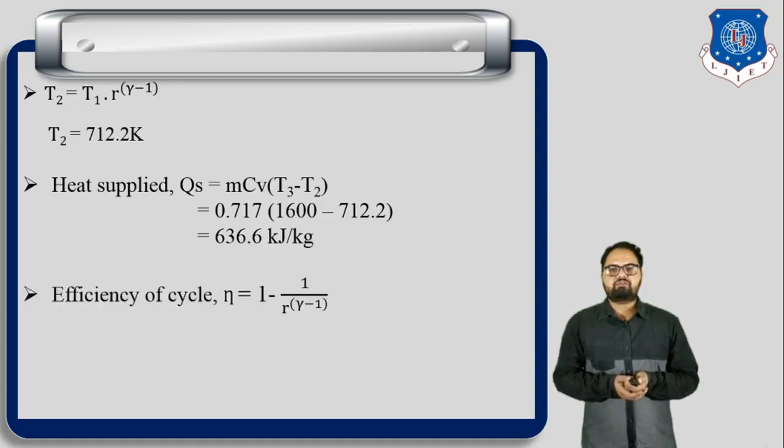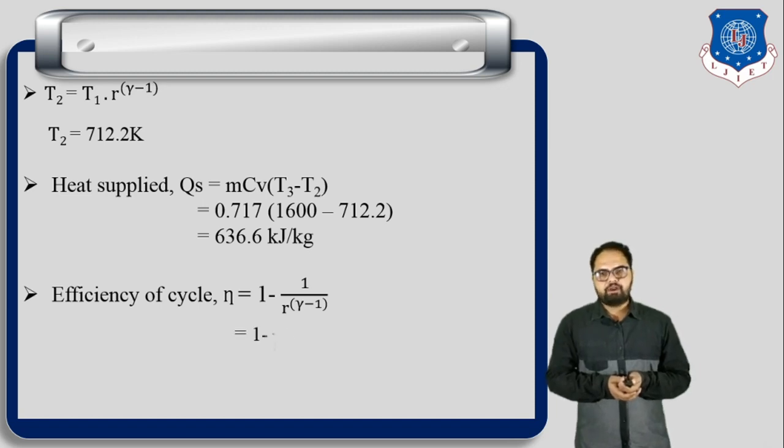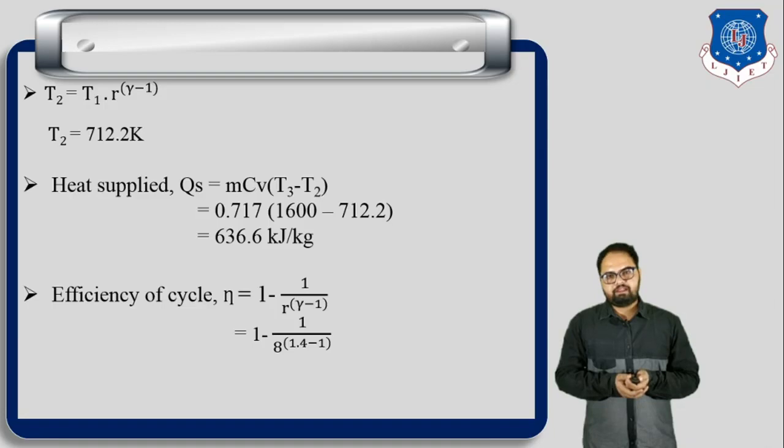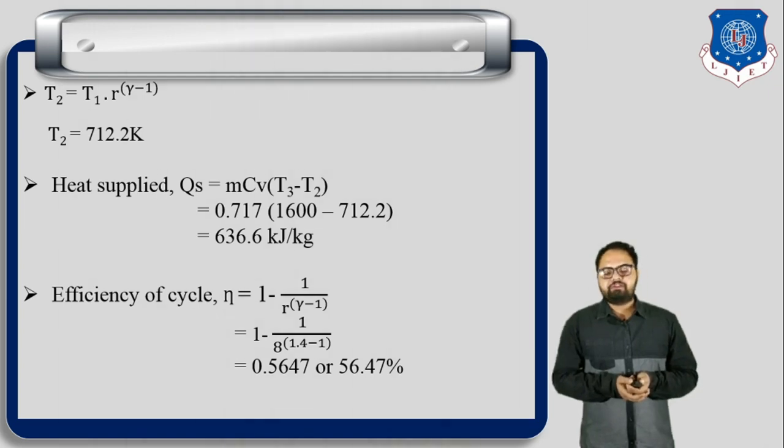The efficiency of the Otto cycle is 1 minus 1 divided by R raised to gamma minus 1. By putting R as 8 and gamma as 1.4, we get the efficiency as 0.5647, that is 56.47%.